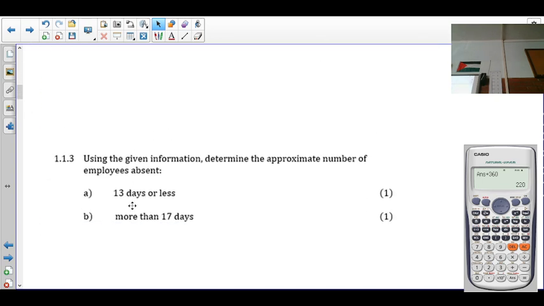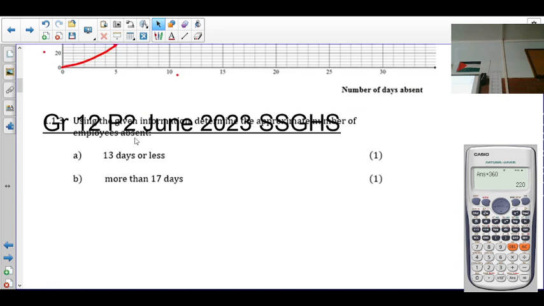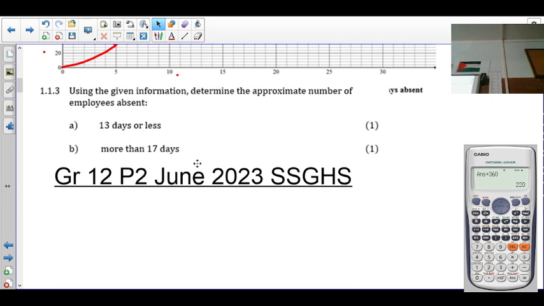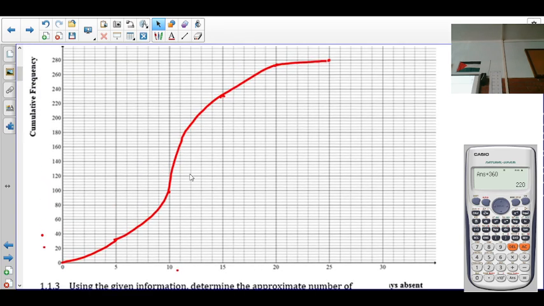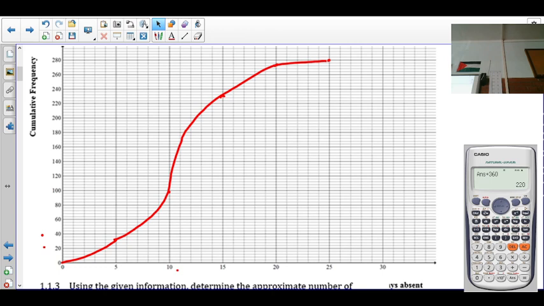The next question, it says, use the given information and determine the approximate number of employees absent 13 days or less. So 13 days or less. The x-axis represents the days. So if this is 10, this is 15, 13 is in the middle here.